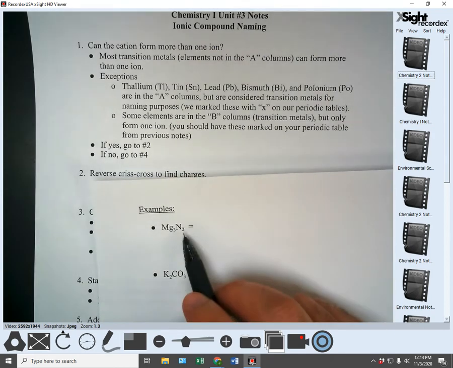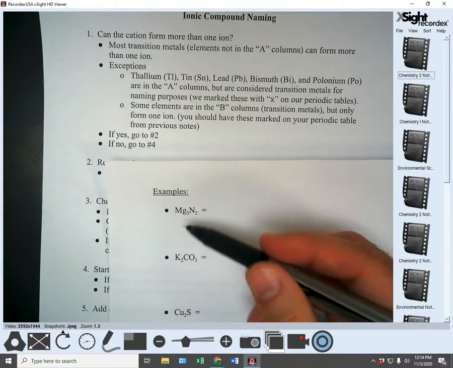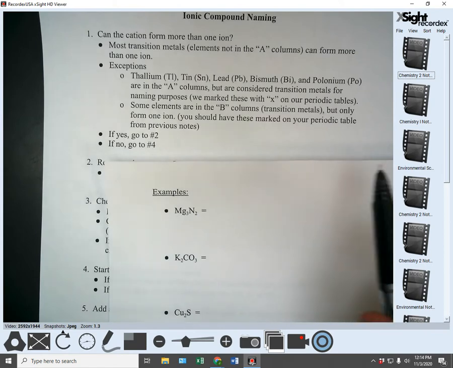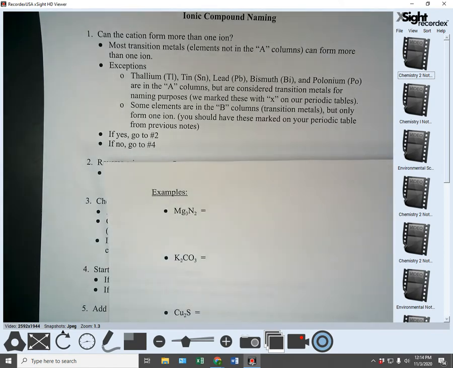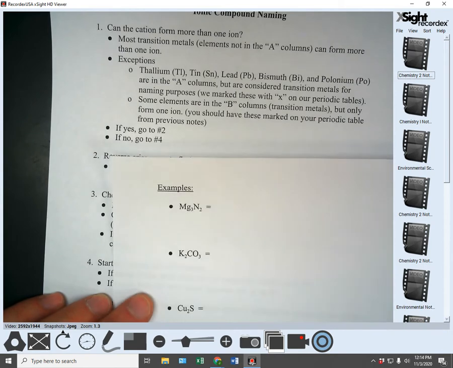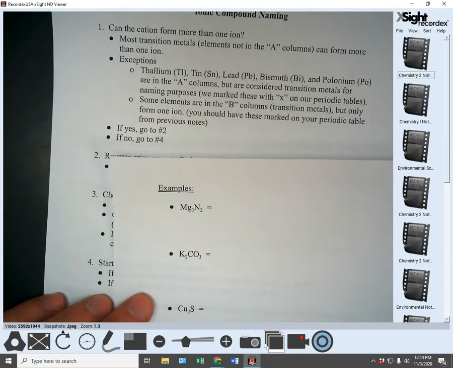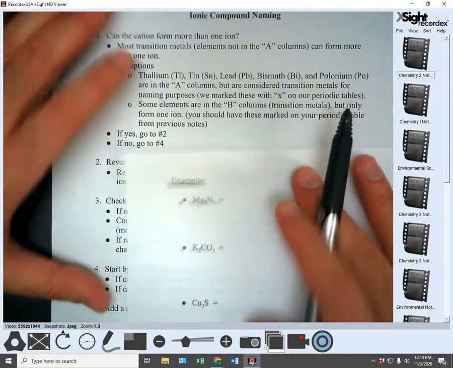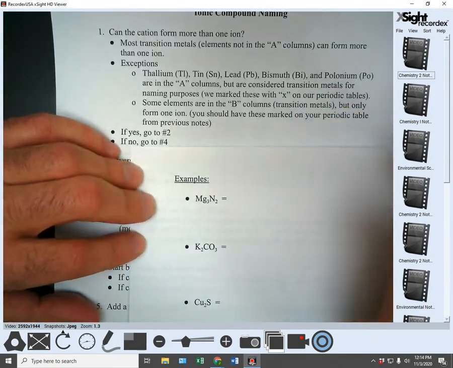How do we know that from the formula? The first element in the formula either needs to be a metal or one of the positive polyatomics for it to be ionic. Anything else would be considered covalent or not ionic, depending on what it is. So we know all these are going to be ionic.